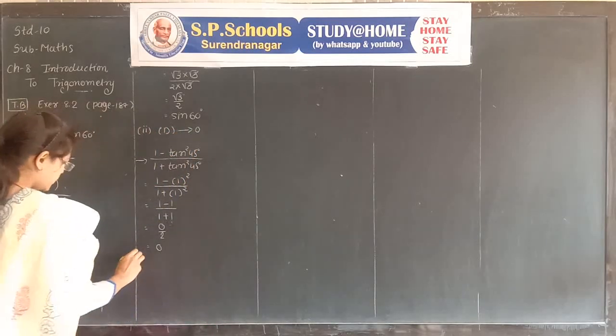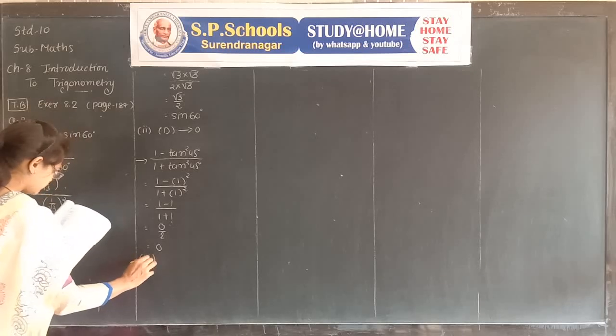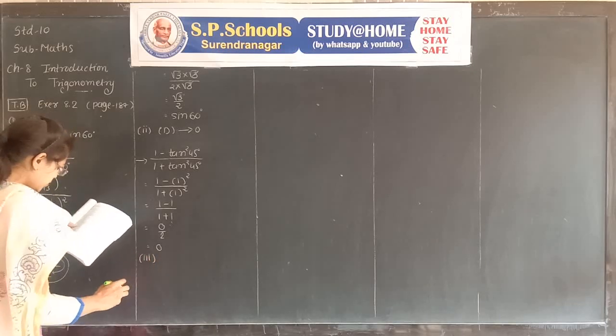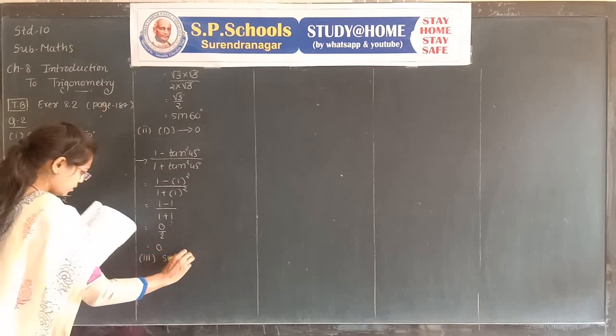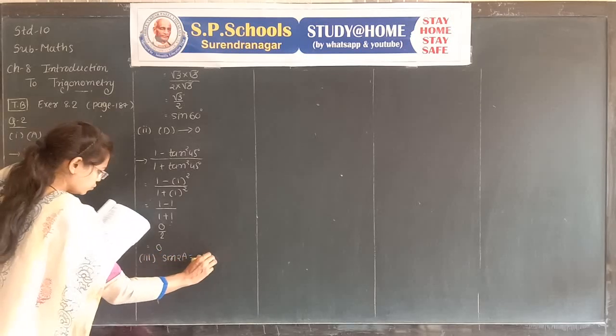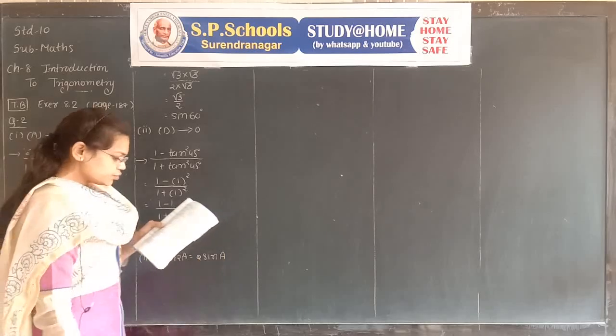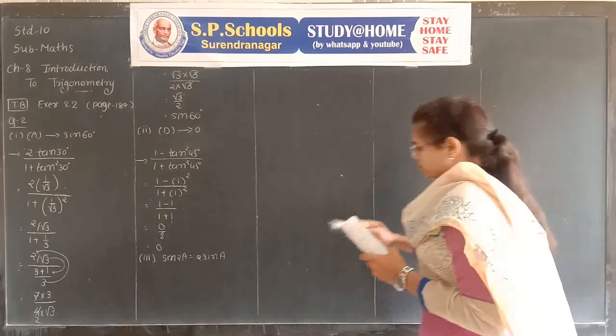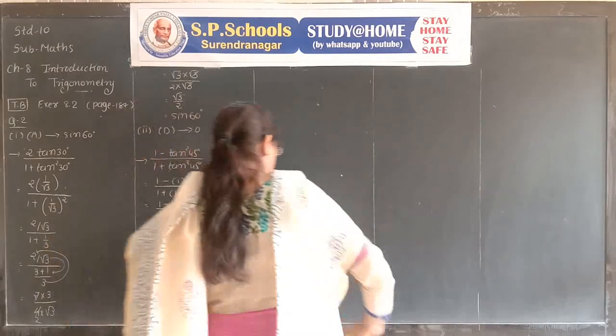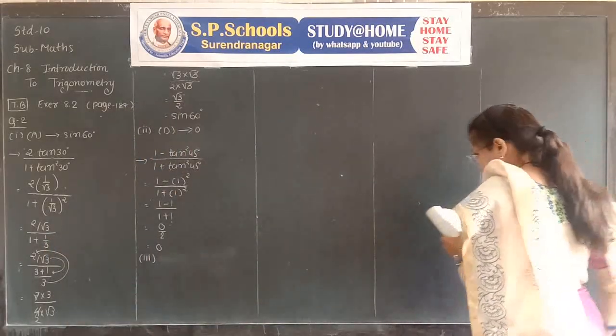Next, third number. Third number is sin 2A is equals to 2 sin A is true when angle A is equals to blank. The different values of angle A are given.